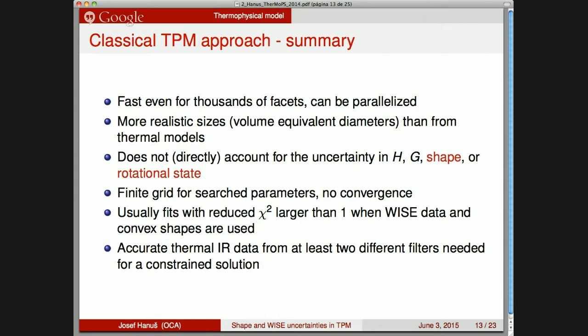Also, we need to search in a finite grid of parameters, so there is no convergence in the parameters. And as I showed you, very often the chi-squares are not ideal, so it seems that the fitting has some caveats. And also, for this we require data from at least 2 filters.